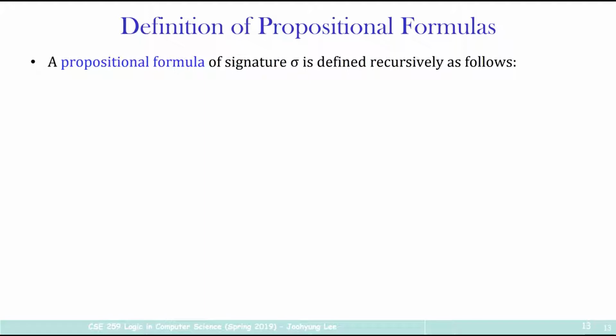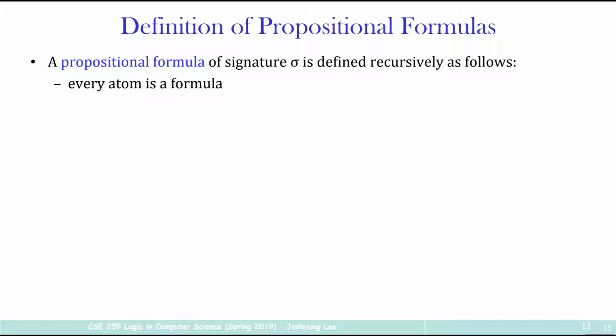Here's a definition, and we're going to have a quiz after this one. Not a gradable quiz. A propositional formula of signature sigma is defined recursively as follows. First, any atom itself is a formula.